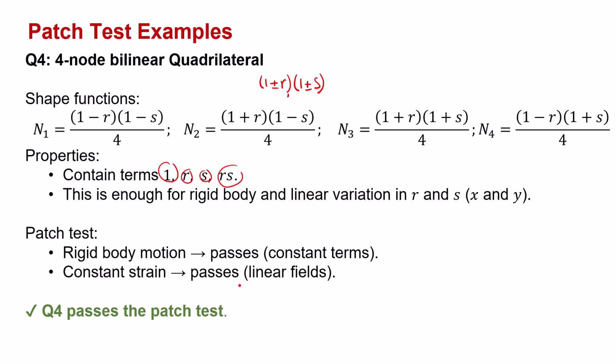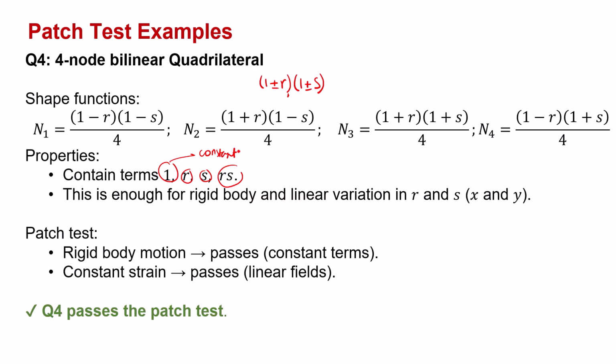Now let's check the patch test requirements. For rigid body motion, the constant terms ensure that zero strain is produced. So because of this constant term, we can have zero strain for the rigid body motion. So the Q4 element passes this test.